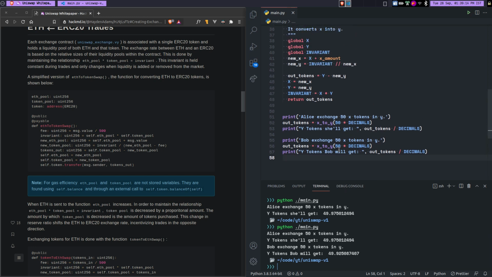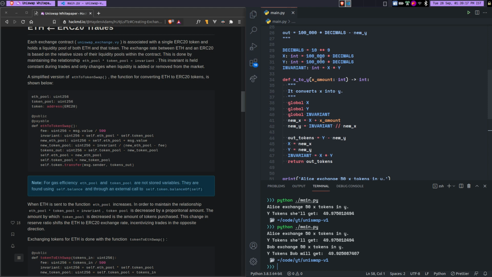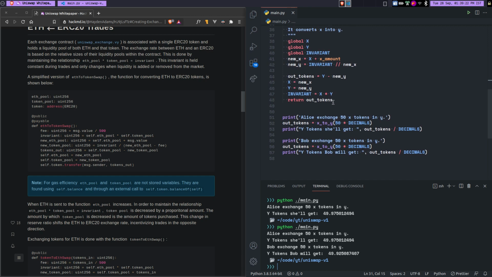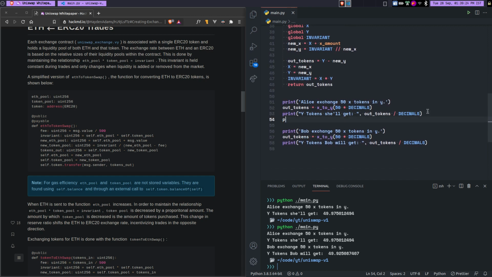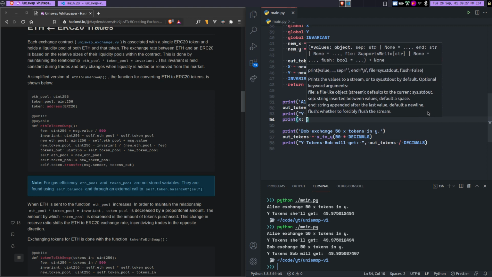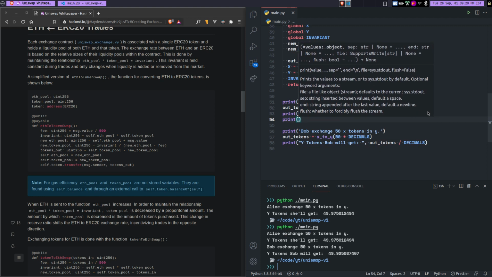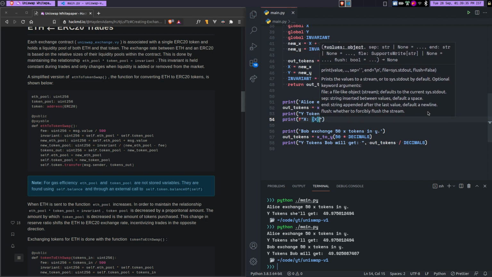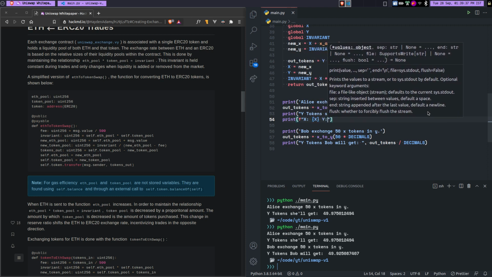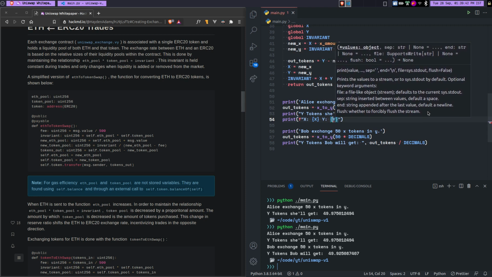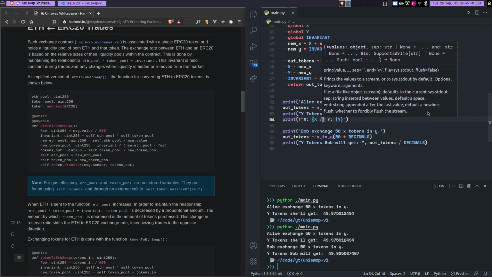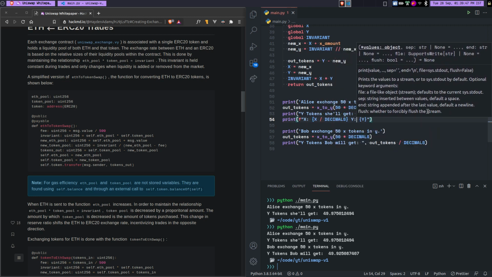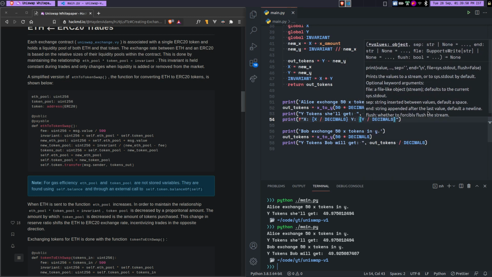Well, the answer is because the supply, or the amount of Y tokens in our pool, is decreasing, right? Let me do this. I'm going to print the X here. Let's use an f-string, so we'll do f and then X, and in the same sense Y. We also want to make sure that we consider the decimals, so we're going to divide X by decimals, and in the same sense divide Y by decimals.